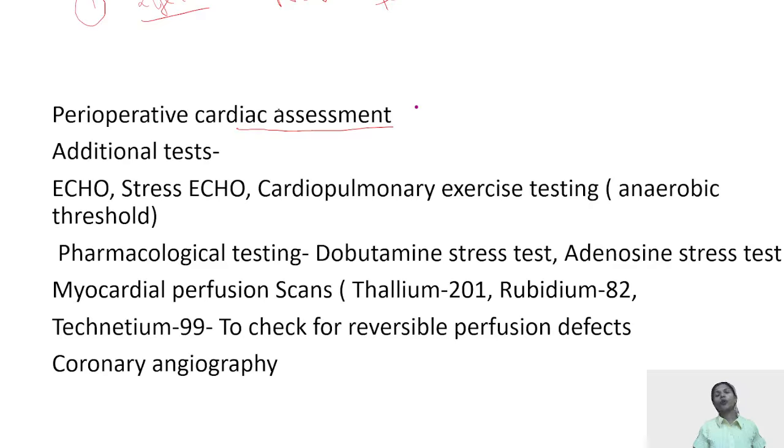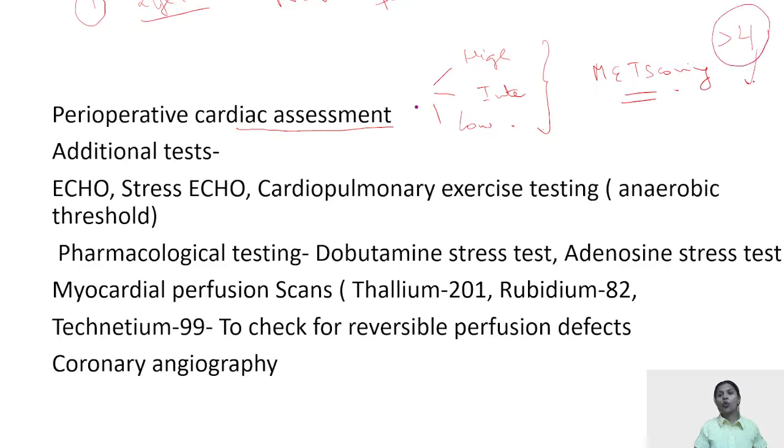Now, when we are talking about the perioperative cardiac assessment, we have to divide our patients into high, intermediate, and low risk again. And these risks are given according to the MET scoring of the patient. In brief, if the MET scoring of the patient is more than 4, then no further testing is needed in the patient, other than the routine testing that is done.